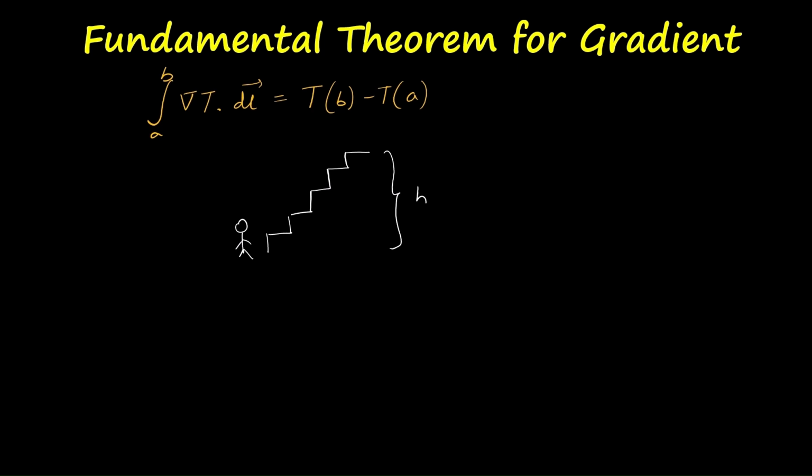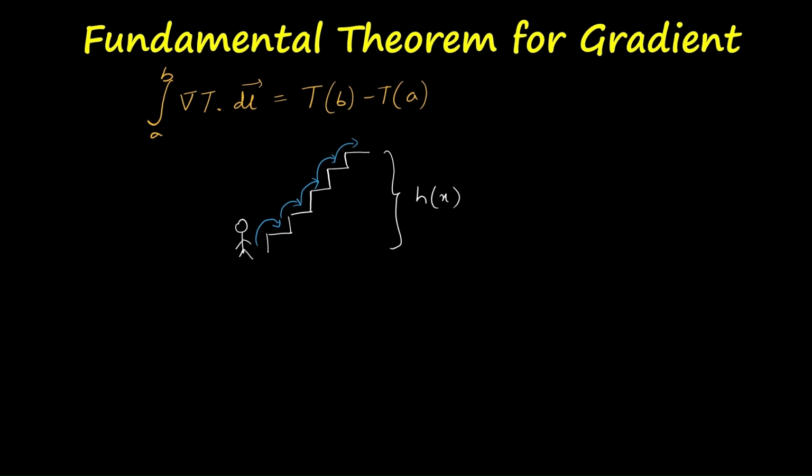So this height will be a function of x. Now what you can do is, in order to measure the height, you can measure the height of each step and you can proceed till the top of the staircase.